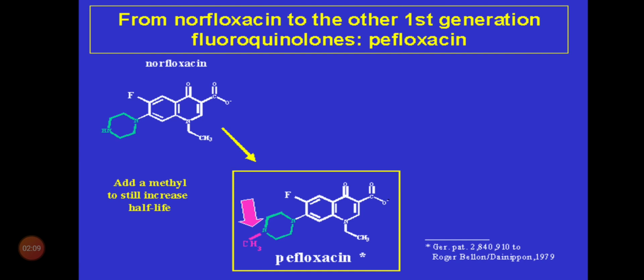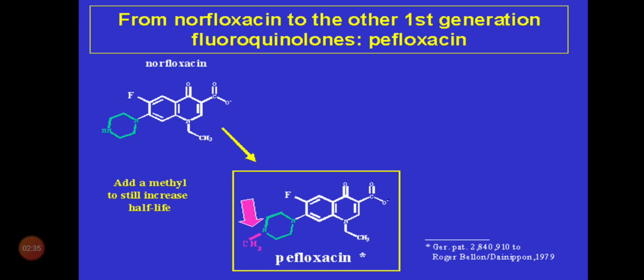That is, the next generation drugs should be active against gram positive as well as gram negative and anaerobes. We also learned what modifications we have to do in a structure so the half-life will increase. We are continuing this section with some other examples.